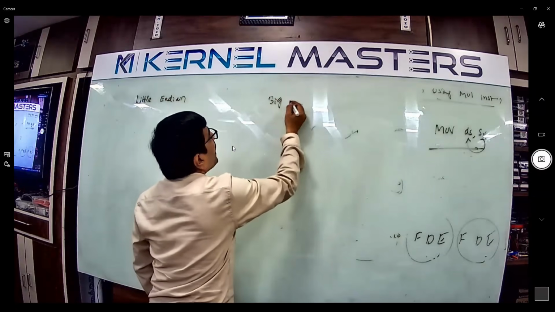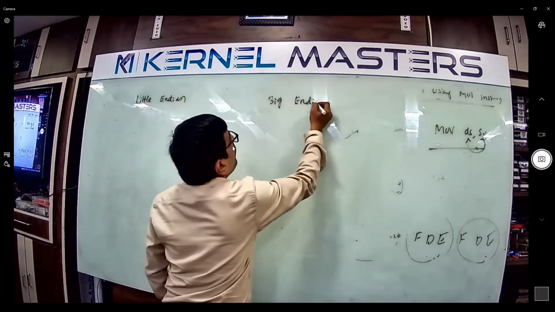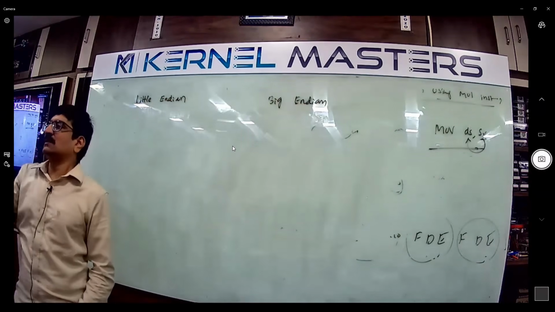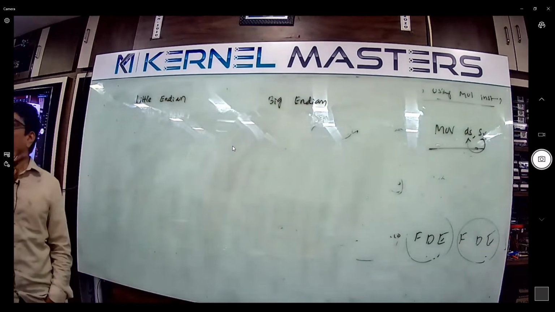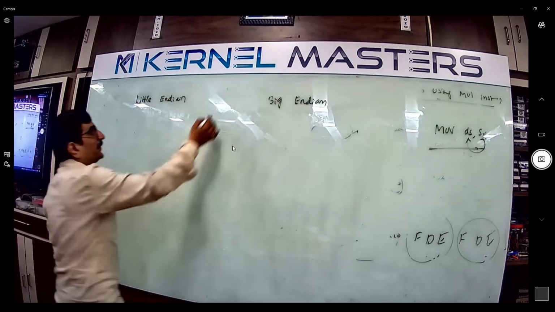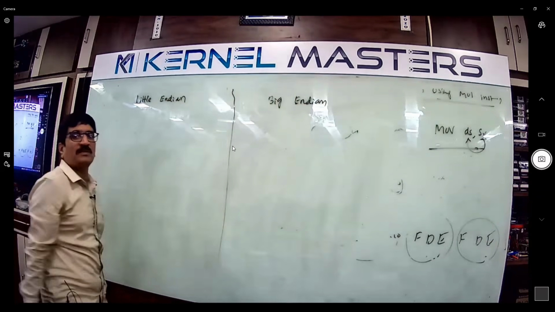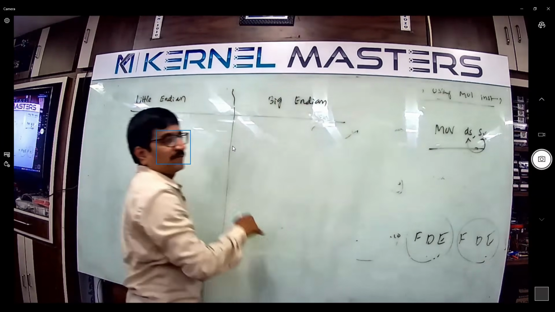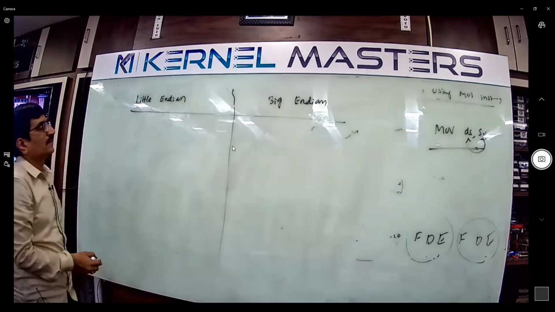Computer architectures are classified into different categories: Von Neumann, Harvard, RISC, CISC, and next one, Little Endian, Big Endian. One more classification.